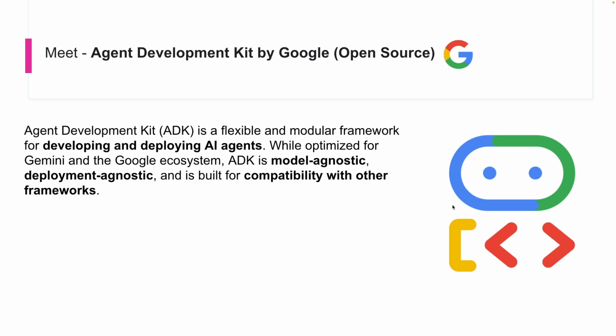And we will use ADK to build some agents, and we will see a very simple agent and a multi-agent build with multiple tools. And we will also try to deploy in Agent Engine, which we will cover in our next video.